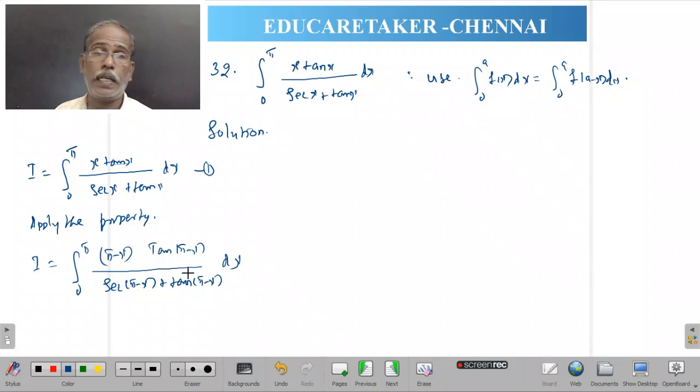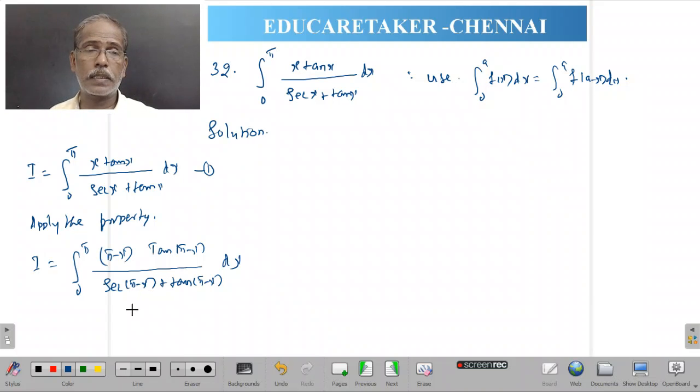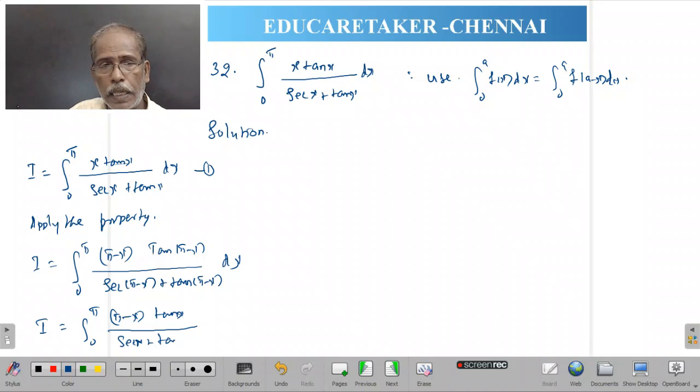So tan of pi minus x is minus tan x, secant of pi minus x is minus secant x, so the negative factor recovered everywhere. Then I is integral 0 to pi of pi minus x, the rest of the terms no change, tan x divided by secant x plus tan x dx. Let the result be 2.